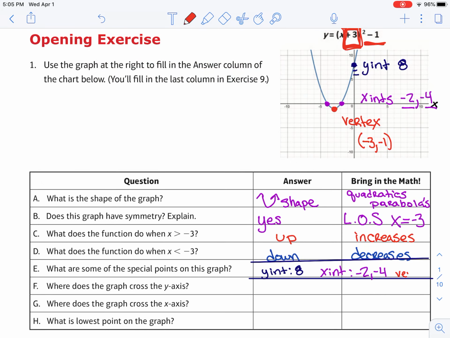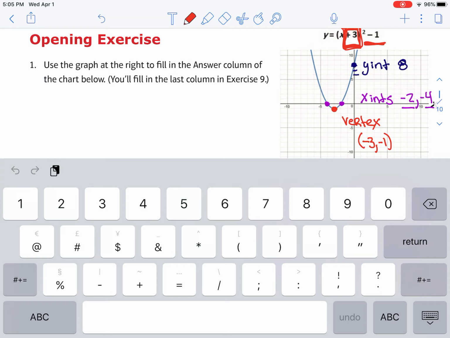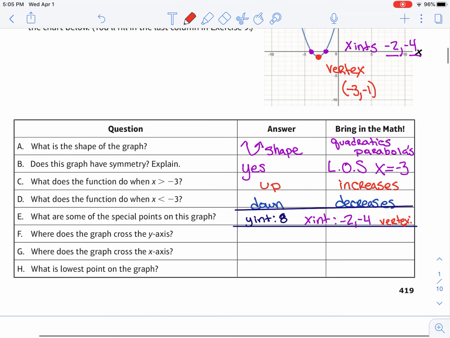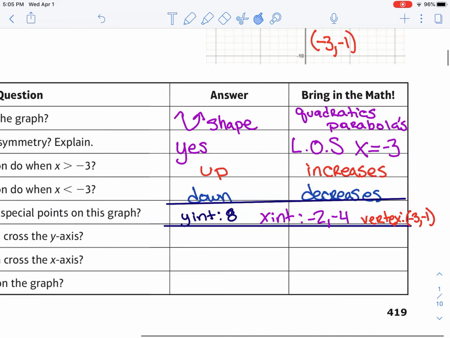And then we have our vertex, which represents 1 point, so it gets parentheses put around it. And that's located at -3, -1.